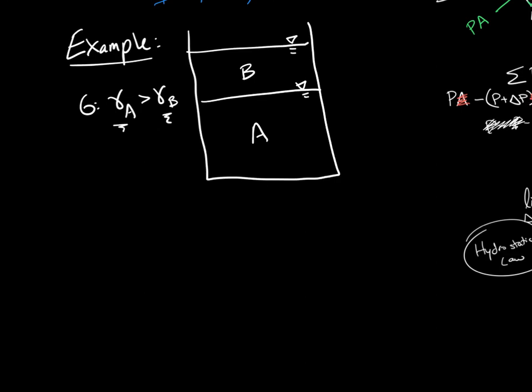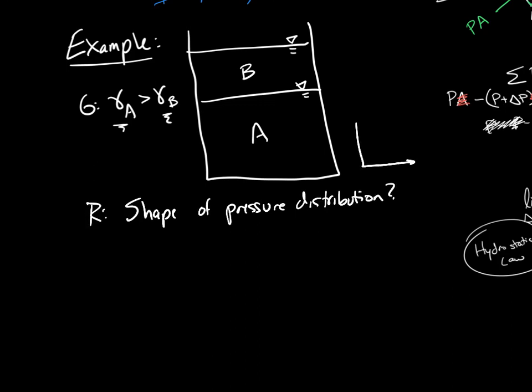The question is, what is the shape of the pressure distribution? For a lot of you, you're going, I don't even know what you're talking about, and that's totally reasonable. Here's the X coordinate, here's the Z coordinate.